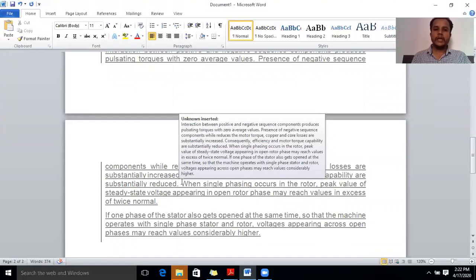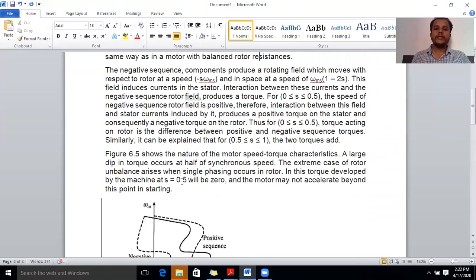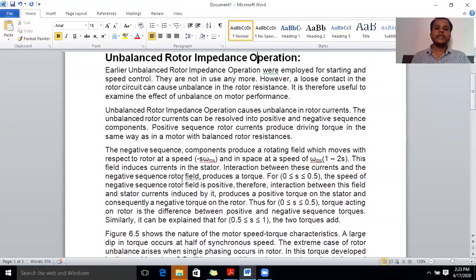So this is about the third point, unbalanced rotor impedance operation. Here we have completed the three points. The first is the operation of the three-phase induction motor when it is supplied with unbalanced voltage, the second is single phasing, and the third is unbalanced rotor impedance operation.